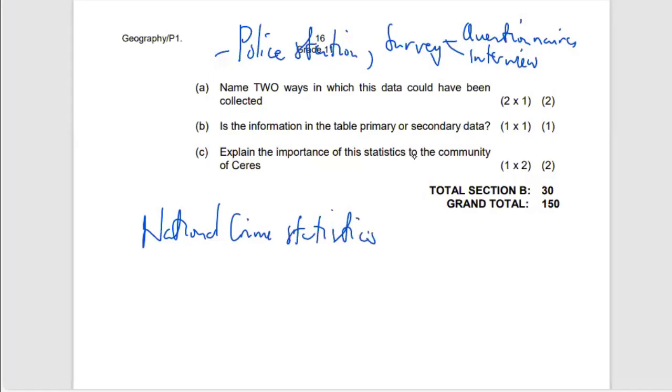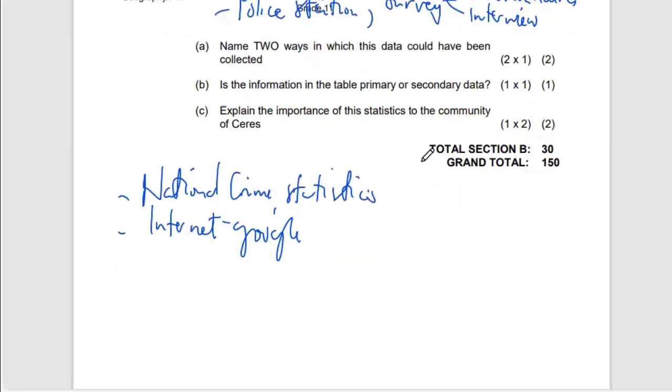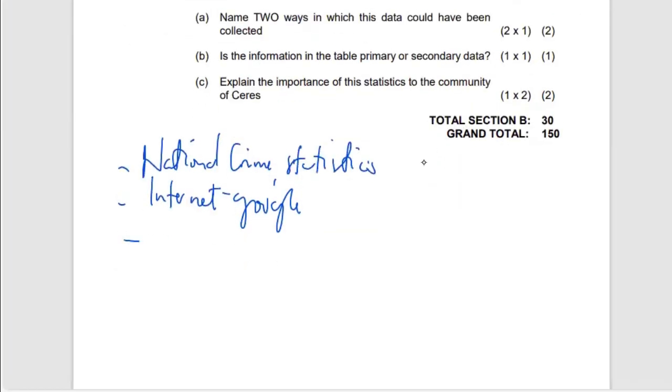That is secondary information which is already provided, which you can easily access. And also we can use the internet and refer to Google to find out information about that. Right. Also, we can use the census. It can also assist us in finding information about crime.